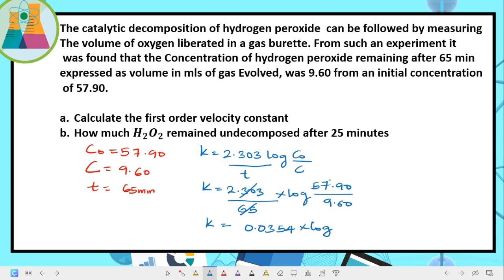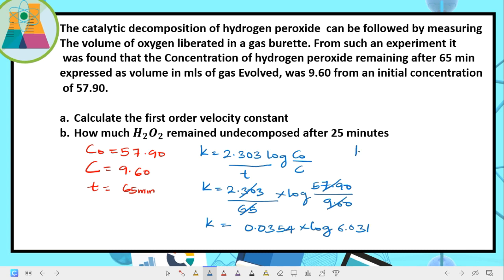Now if 57.90 divides 9.60, it is going to give us 6.031. Now find the log of 6.031.